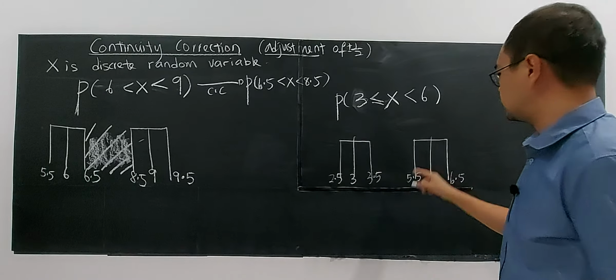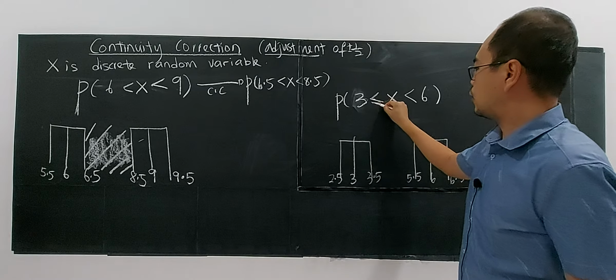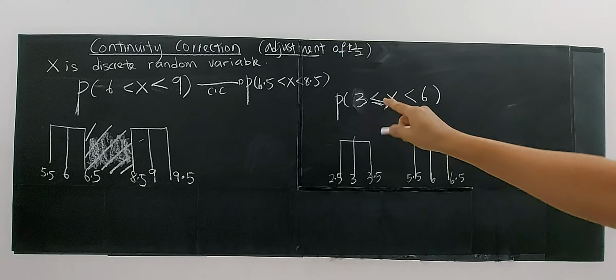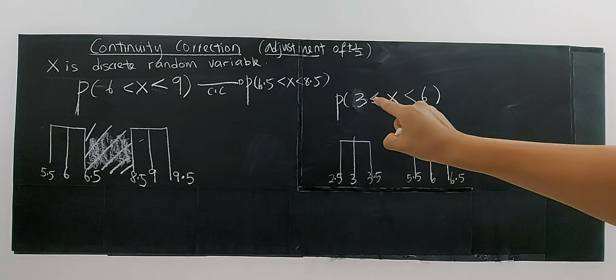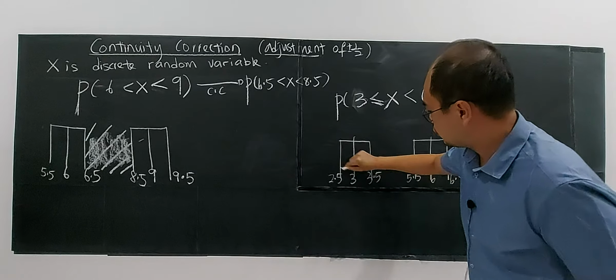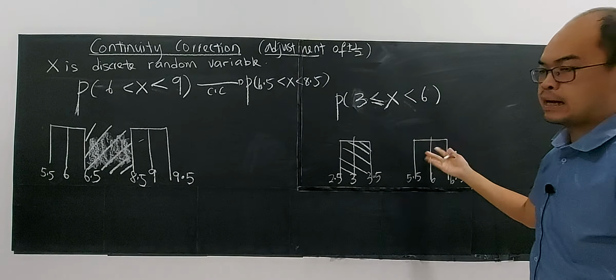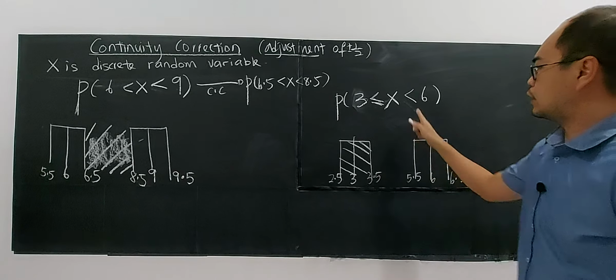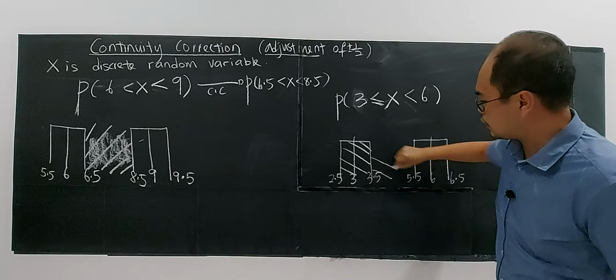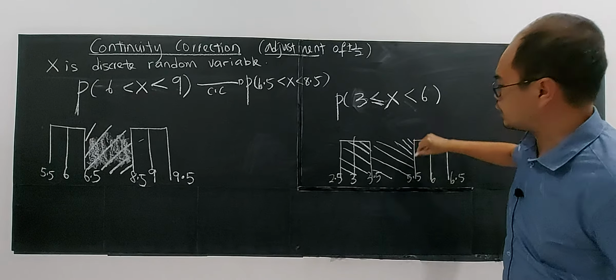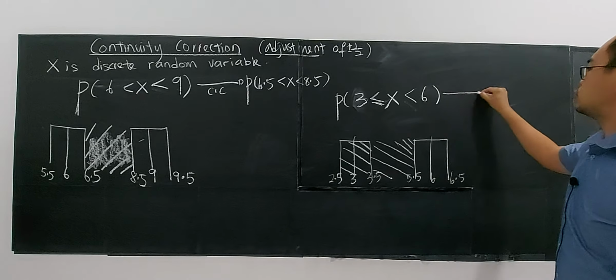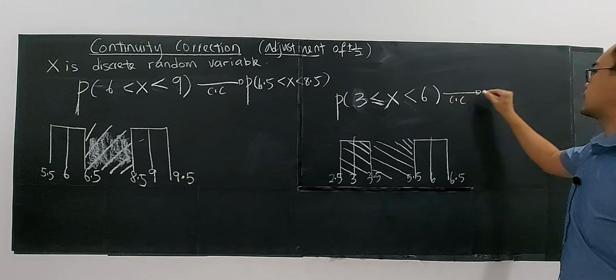Plus minus. Okay, is there an equal? Oh, there is. There is equal, so here you shade. This one, is there equal? No equal, don't shade. In between means this one. So now you do CC, continuity correction.